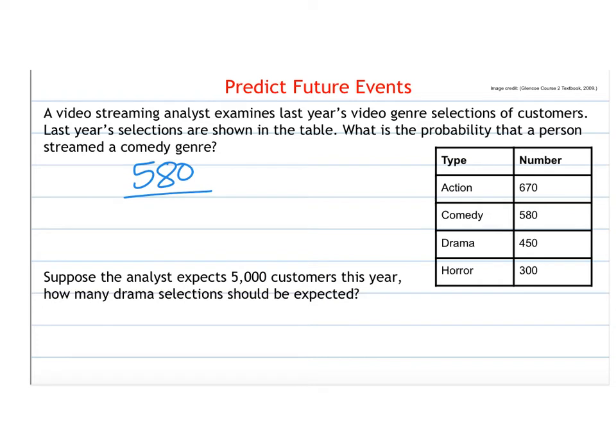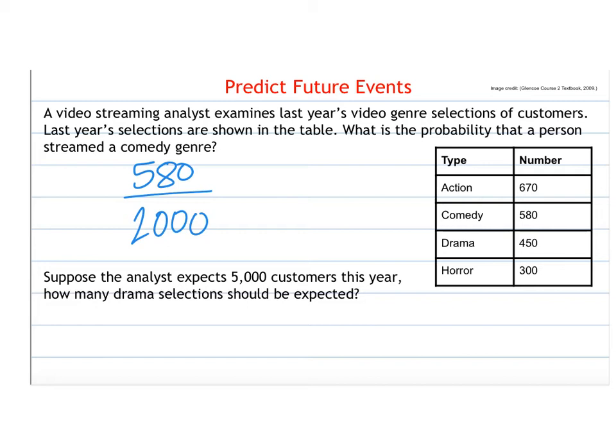So I am going to go ahead and use my calculator, which you can use on this unit. 670 plus 580 plus 450 plus 300, which is 2,000. Okay, and then you could simplify that.